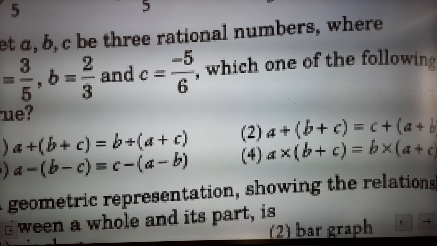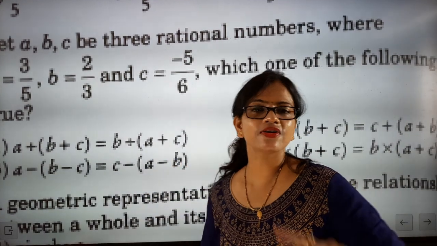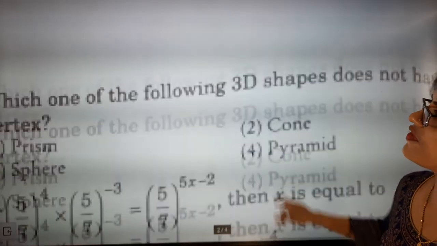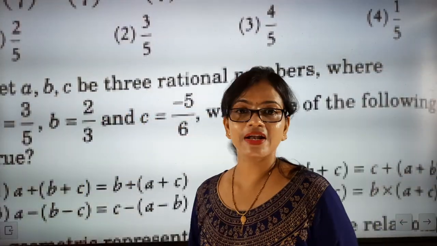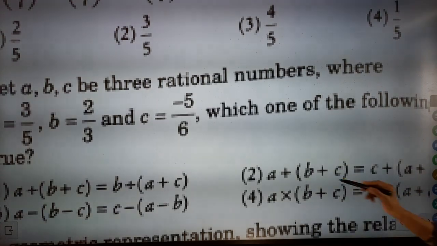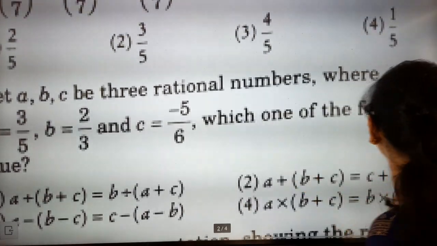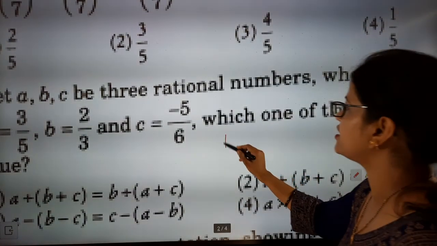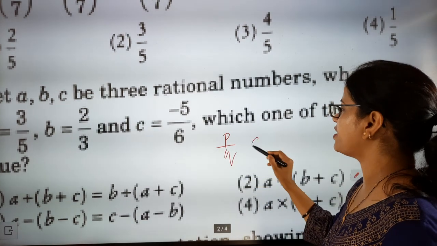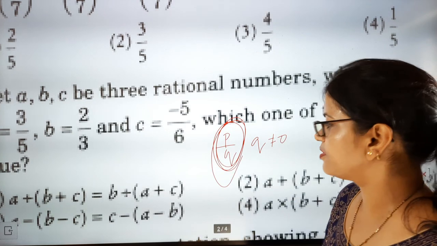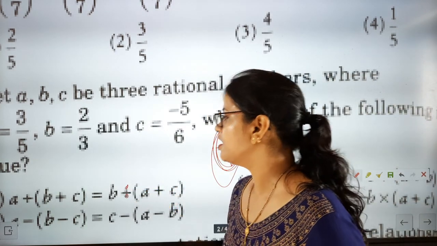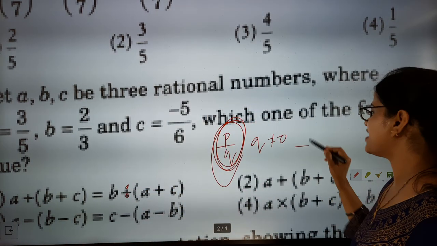I told you about rational numbers. All three are rational numbers, because the rational number definition says that any number in the form of P by Q where Q is not equal to 0. So fractions are rational numbers. But here the sign of division is there. So rational numbers only understand addition.